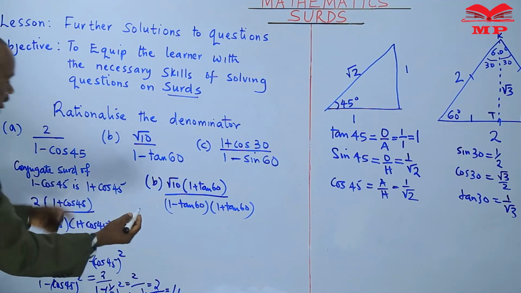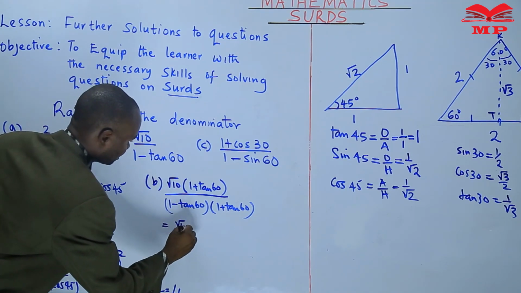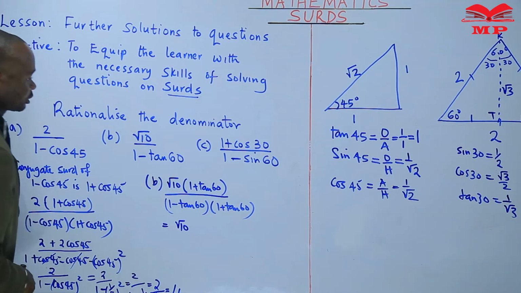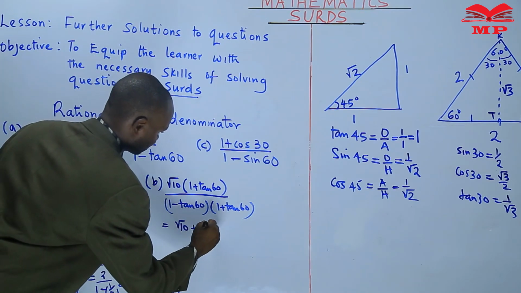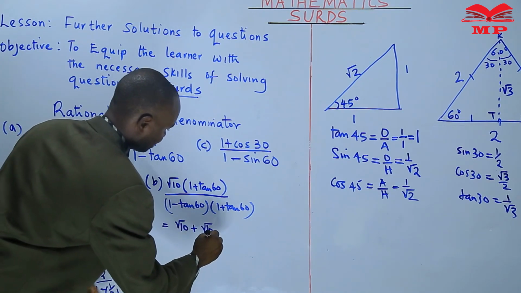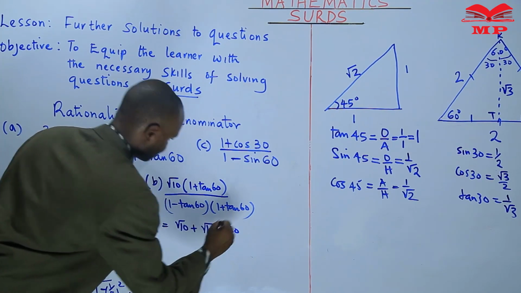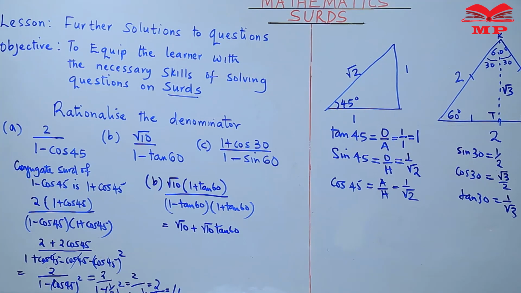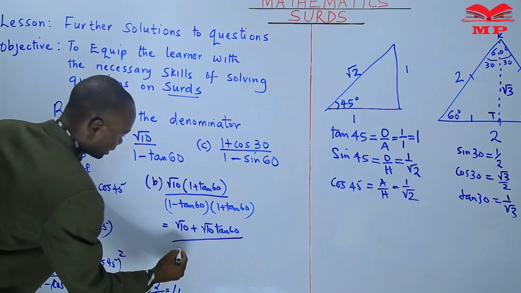So let's move and see where we'll get to. This is square root of 10 plus square root of 10 times tan 60. Follow up correctly. Follow up keenly. I move down. 1 times 1, 1.